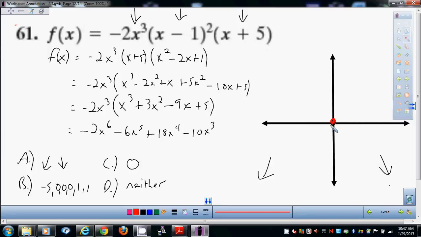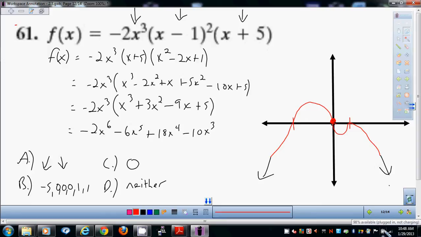Touch at 1. And there's your sketch. That is the whole tamale.